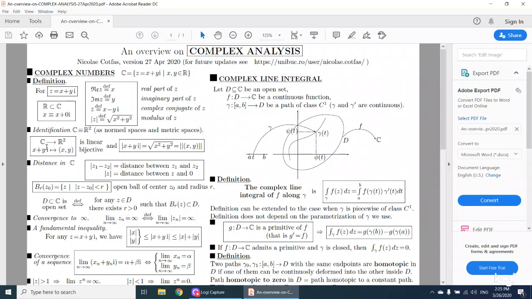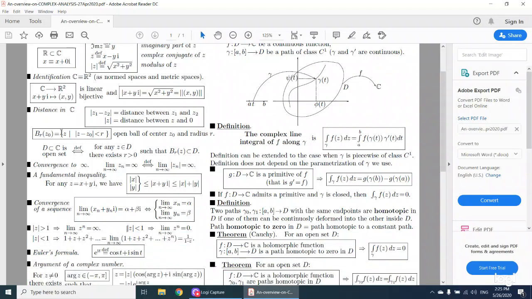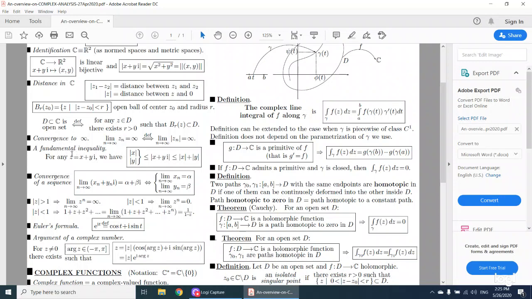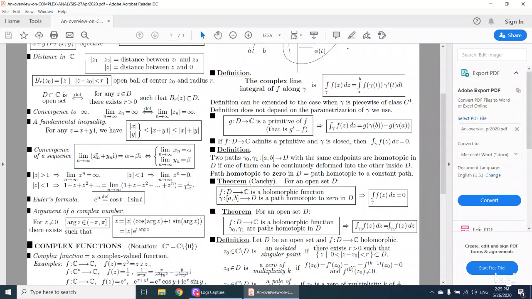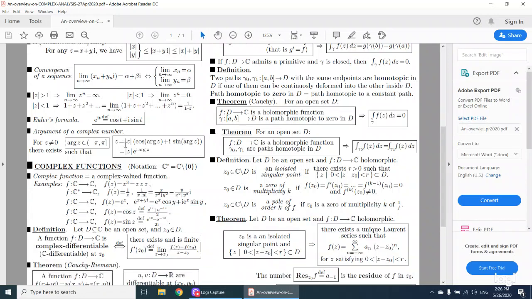We identify the complex number x plus yi with the vector x y, and the norm of the vector corresponds to the modulus, the distance between 2 points, the open disk, open set, the convergence of the sequence of complex numbers described here, Euler's formula.